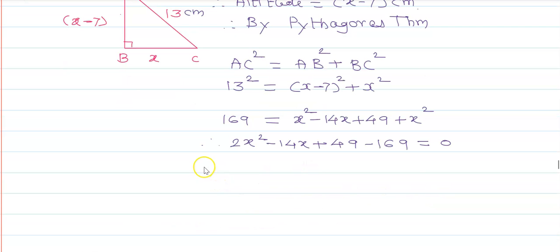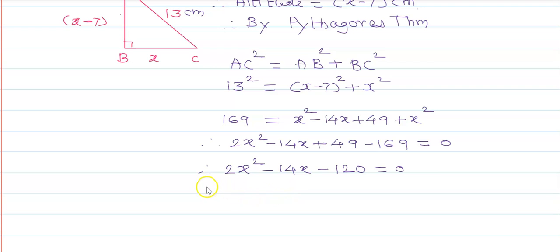Okay. Therefore, 2x square minus 14x, and here we'll get minus 120, and that's equal to 0.